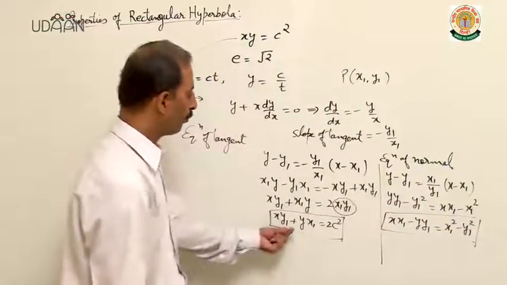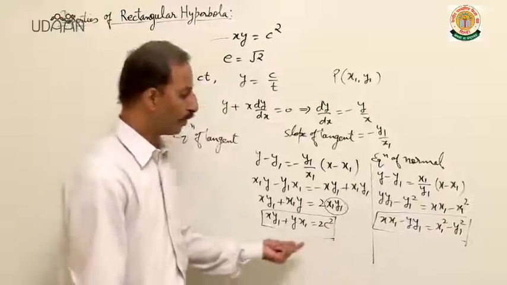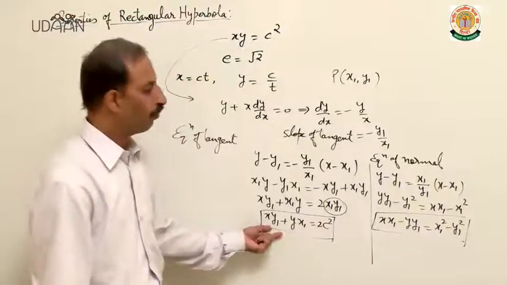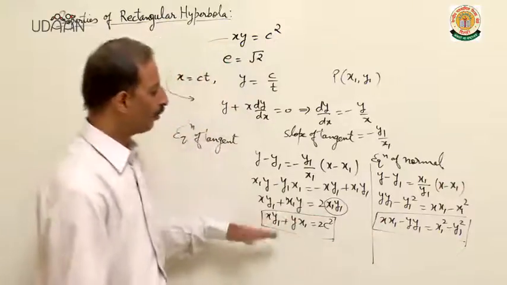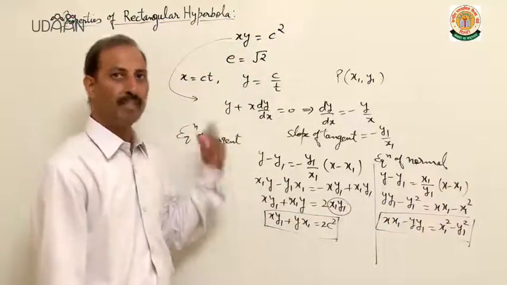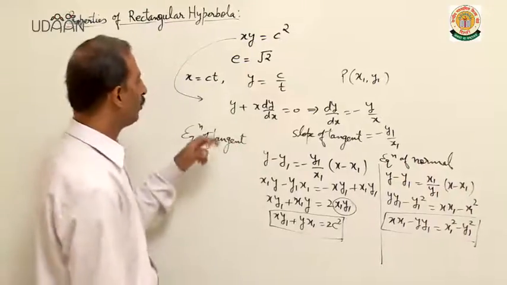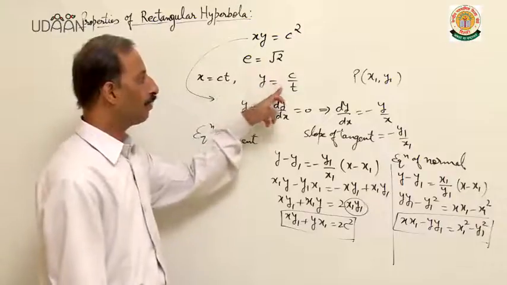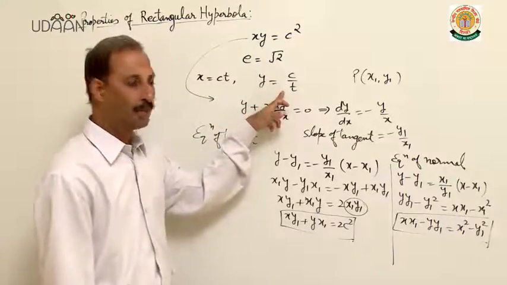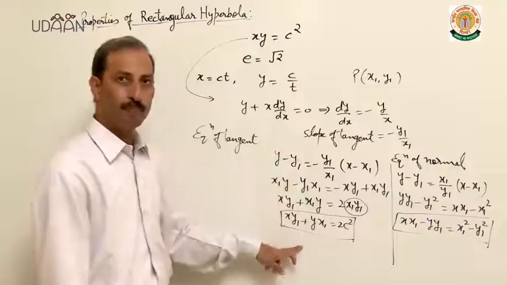So now children, you know the two equations: one is the equation of tangent in point form and the other is the equation of normal in point form. Now same equations we are finding now in parametric form. Parametric coordinates you know. In place of x put ct and in place of y put c upon t. Then you will get equation in parametric form.